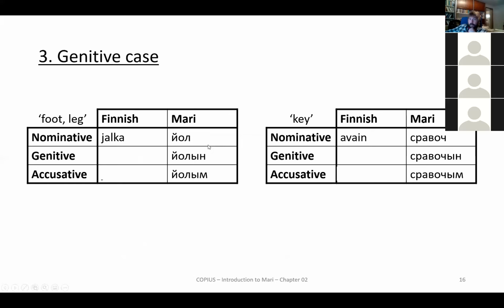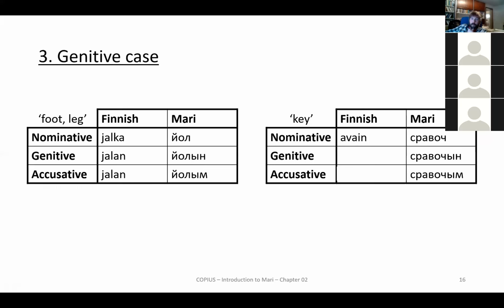In Finnish, the genitive and the accusative have basically fallen together everywhere but in the pronominal system, where we have separate accusative forms. So with jalka, the genitive is jalan, and the accusative is jalan. The genitive is nice and expected: we have an N both in Finnish and in Mari. But in the accusative we have an N in Finnish and an M in Mari.